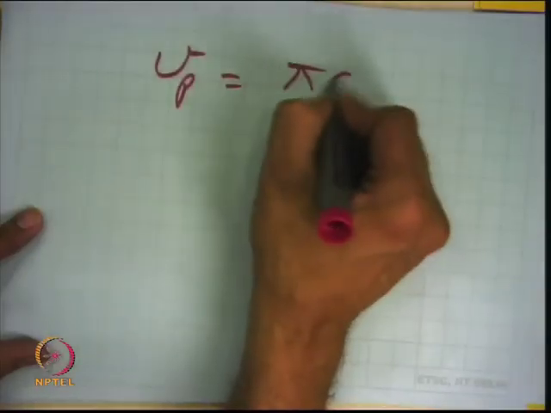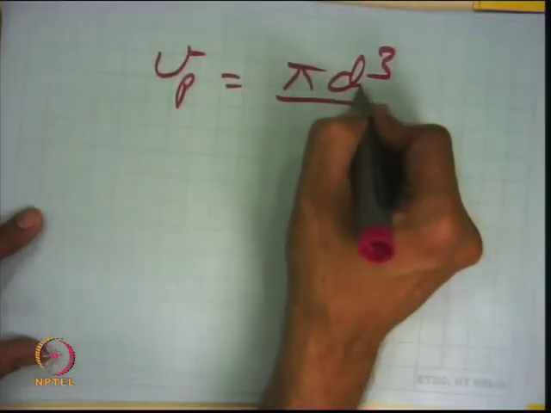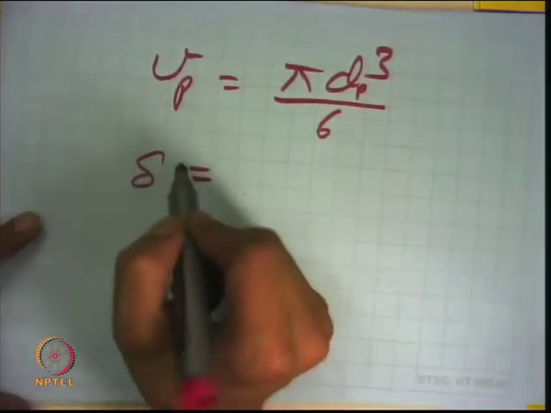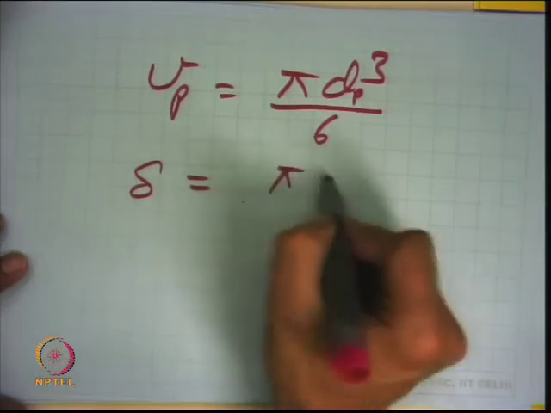So, if you take these two ratio, your dp is related to Vp, the volume of particle, which I write simply as pi dp cube by 6. The surface area of the particle, I am talking not about VT, so that is your pi dp square.